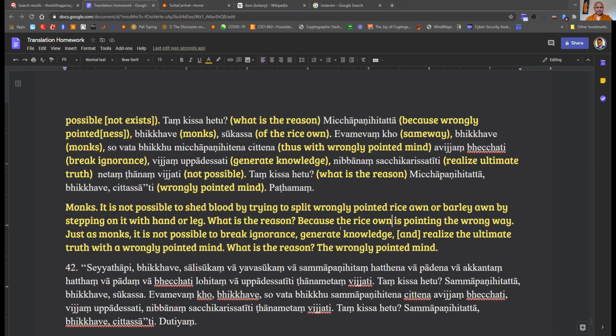That's interesting. Just as, monks, it's not possible to break ignorance, generate knowledge. I think I also ad-libbed an 'and' and realize the ultimate truth. That part I wasn't sure about. If it were an 'or', it would say probably a va, right? So it would say avijjam bhijjati va, vijjam uppadeti va.